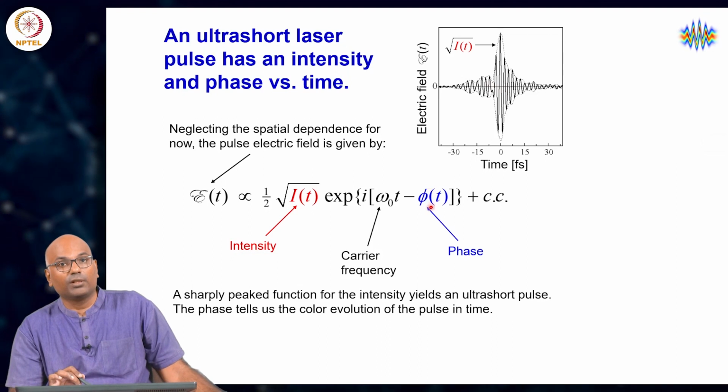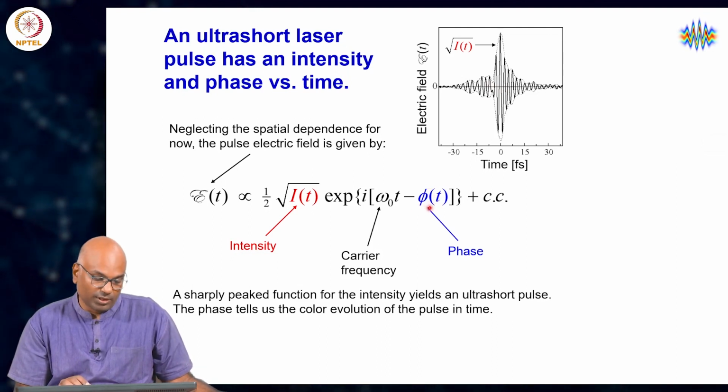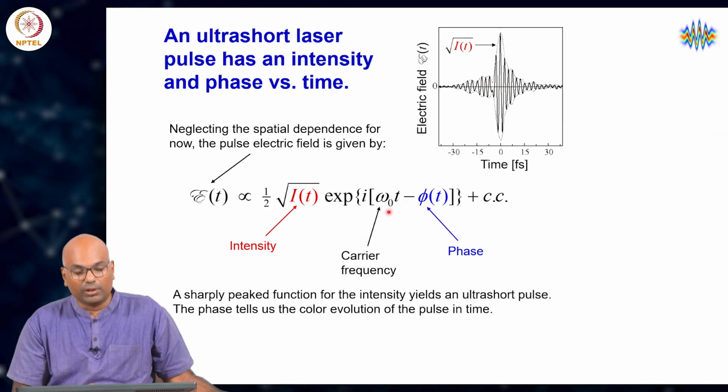The phi of t term is everything else in the phase. So, evidently the variation in time of both phi of t and I of t is slower than that of omega naught t.